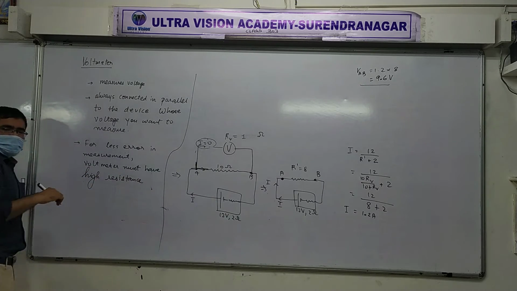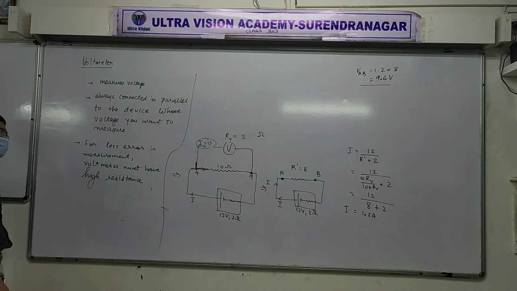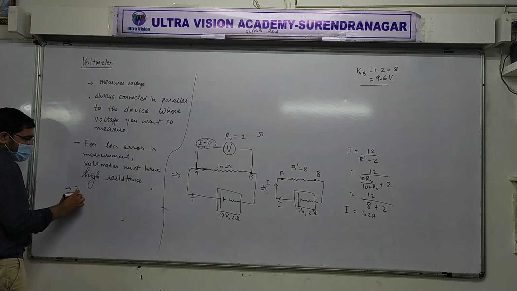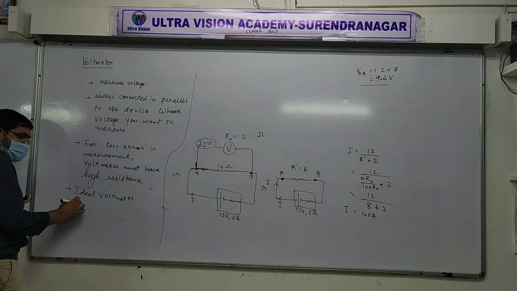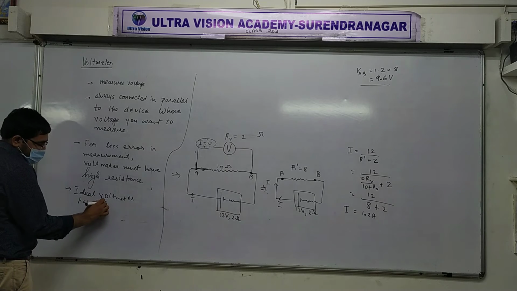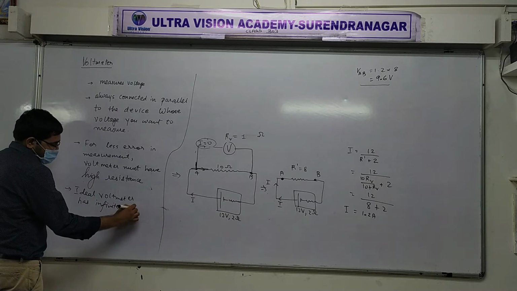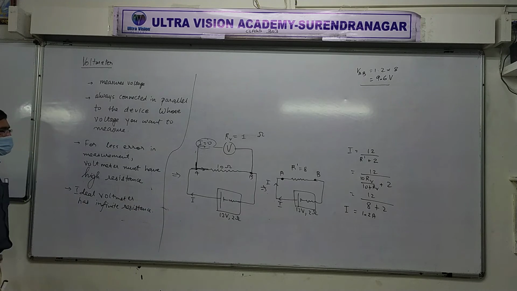For less error, the voltmeter must have high resistance. Understood or not? Sure. Okay. An ideal voltmeter will have how much resistance? Infinite. An ideal voltmeter has infinite resistance. For the ammeter it is exactly the opposite: it is connected in series, the voltmeter in parallel. Right? The ammeter's resistance is low, the voltmeter's is high. Okay?